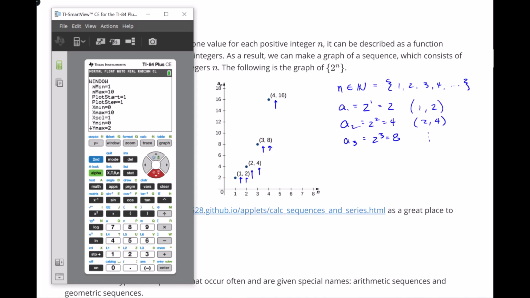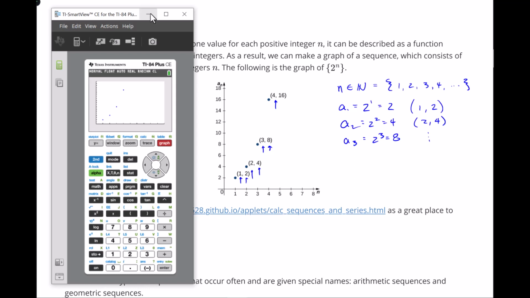You could make the plot step something different than 1, but we want all integers, so just leave those at 1. And then xmin, xmax are the same as what you would expect. I'm going to change this y max, however, to, let's say, 20, and we should basically get the same graph. So there's what we have there.